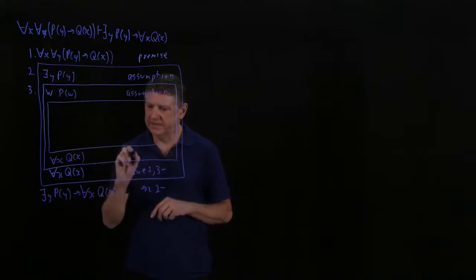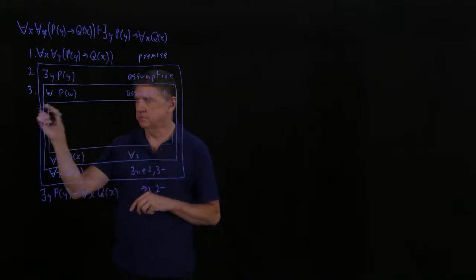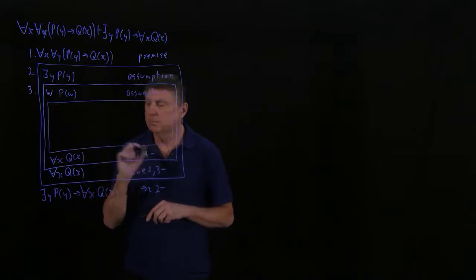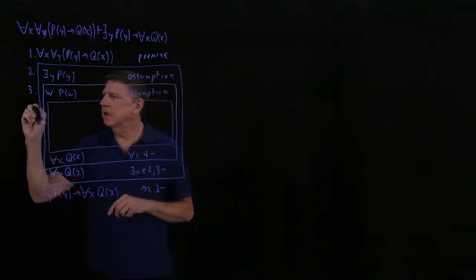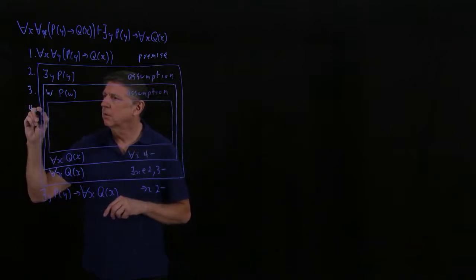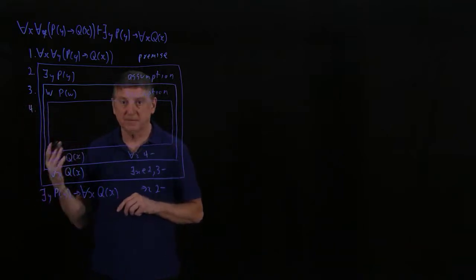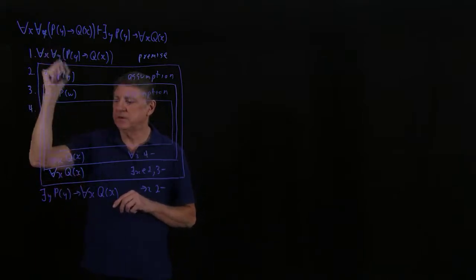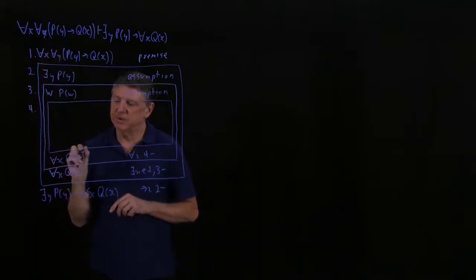I'll note that that is universal introduction. The box must be starting at 4. I don't know how far it'll go. And line 4 will be, now I need a fresh variable, and so it has to not be mentioned anywhere else, and it has to be free for x in the goal.